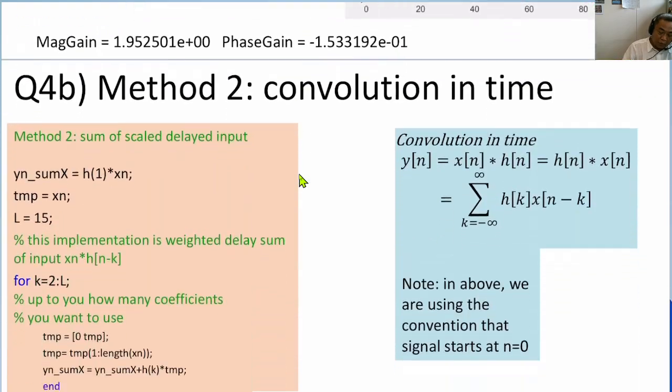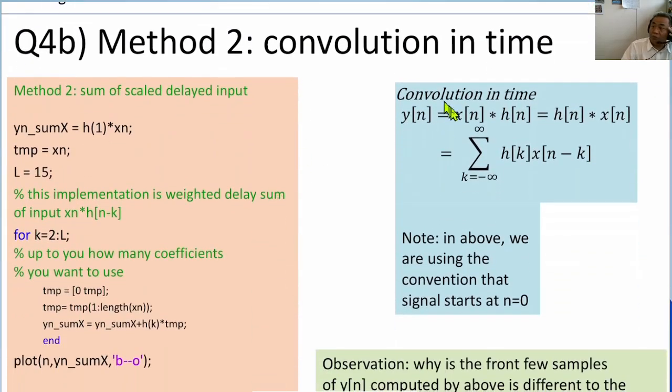What's method 234? Well, again, method 2 is the convolution. And again, because this impulse response is infinite, we can't do this directly. So what do we do? In this example, we choose only 15 samples. We are only using the first 15 samples of h[n], n equals 0 to 14.